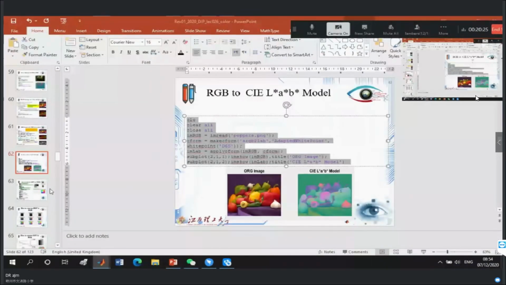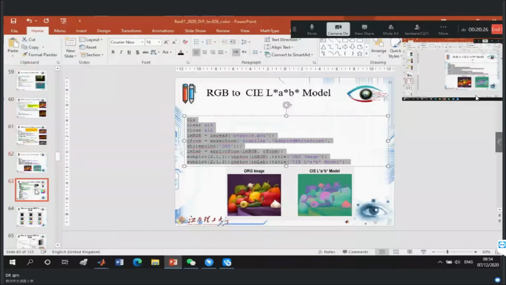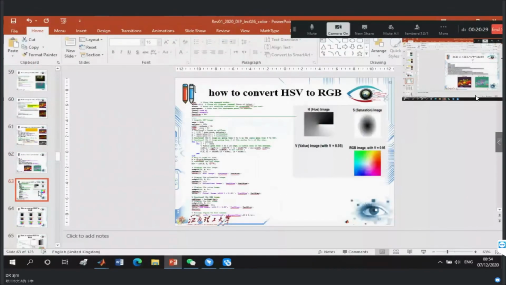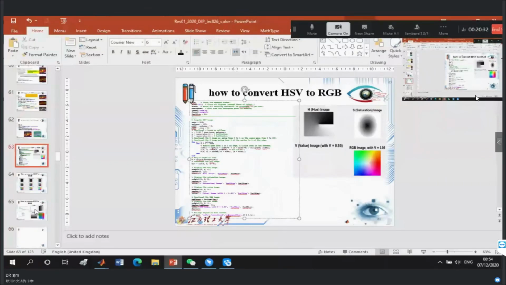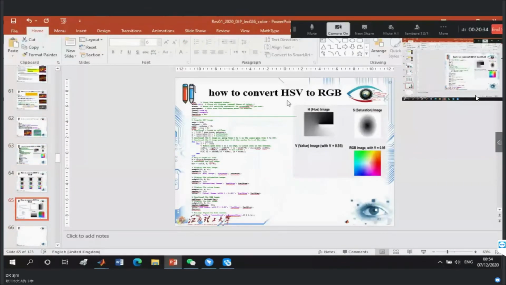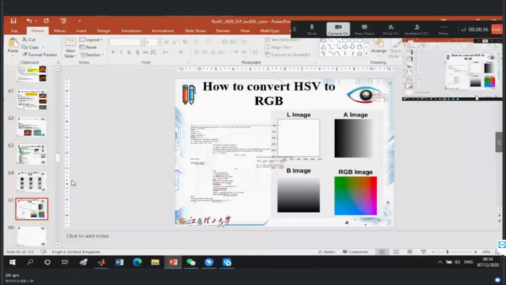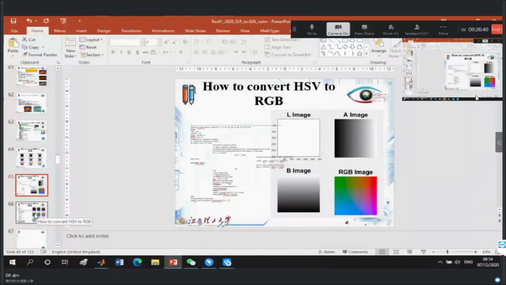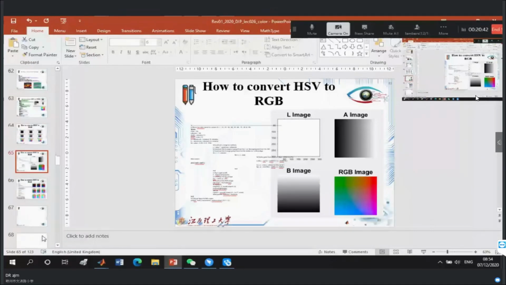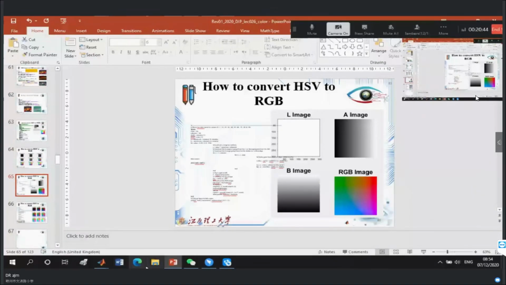Okay, the next one, conversion, which is a little bit big code. I should share it. I think Kaya reminded me to share this code for you to understand it better. This code is a little bit big, but that is what I found to review the concept of the RGB.